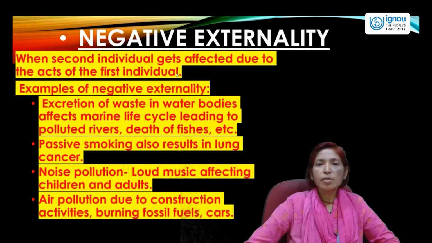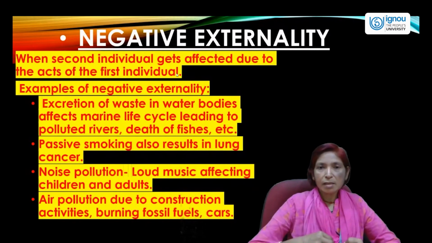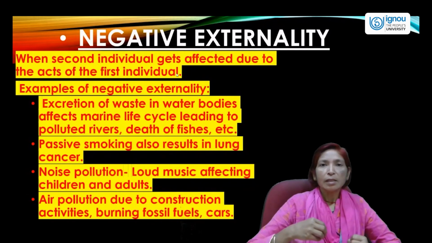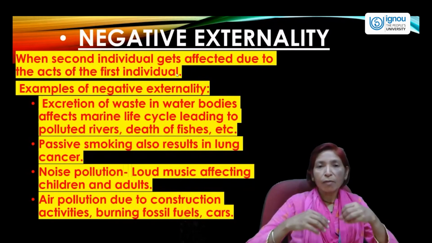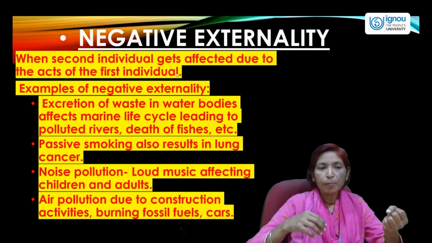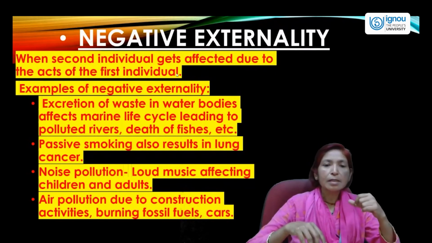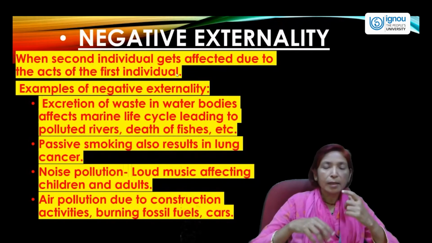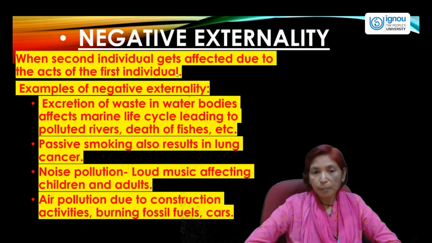A firm is producing goods and services and making garbage or waste material and throwing it into the river or sea, then the marine life cycle is affected, leading to polluted rivers and death of fishes. That is a type of negative externality.